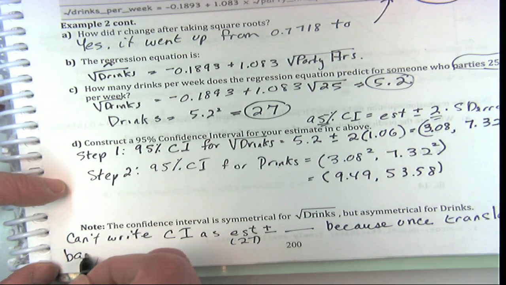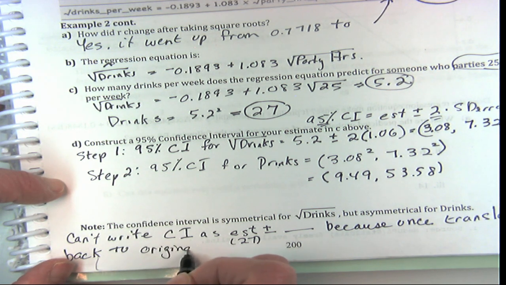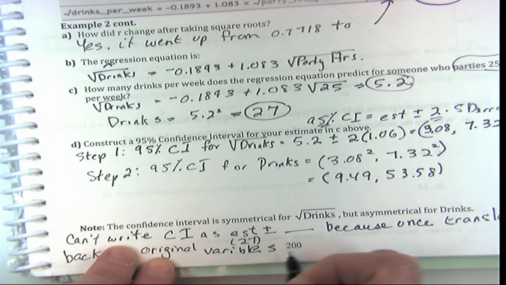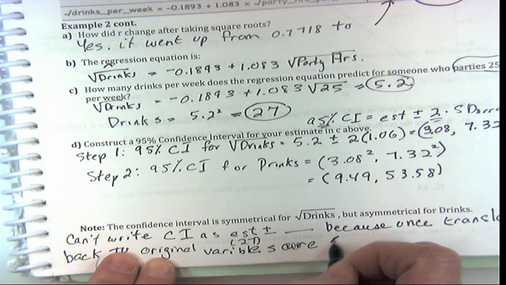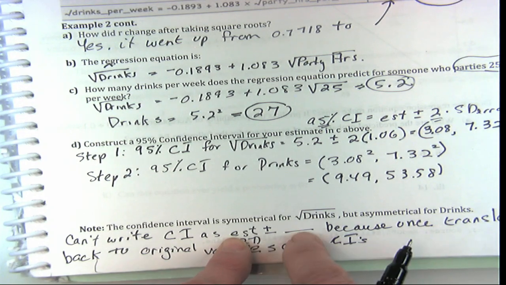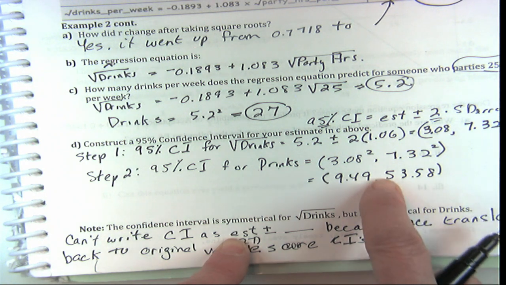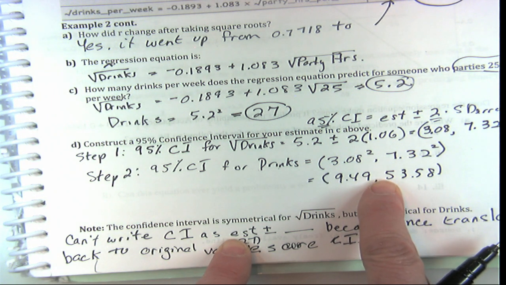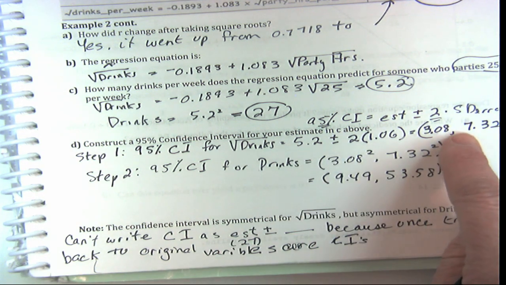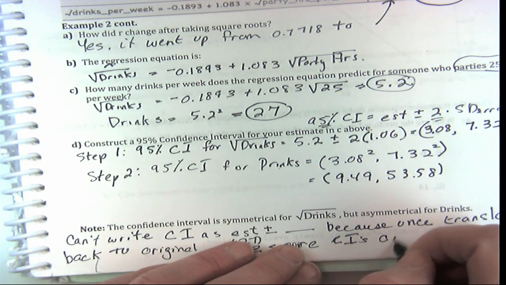Once translated back to the original variables, our confidence intervals are no longer symmetrical. The estimate is not in the middle. 27 is not the midpoint of those two. Whereas 5.2 is the midpoint here.